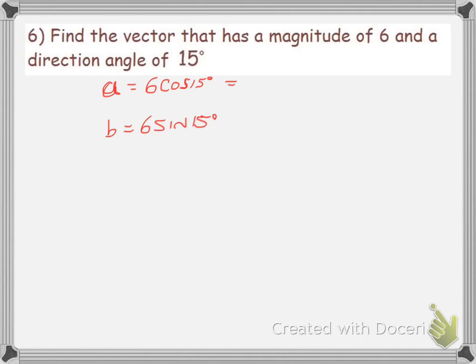And so my a is going to equal 5.79, which rounds to 5.8. My b is equal to 1.55, which rounds to 1.6. So the vector is ⟨5.8, 1.6⟩.